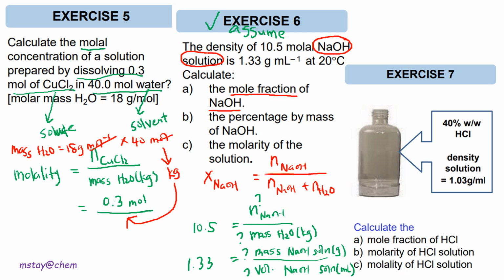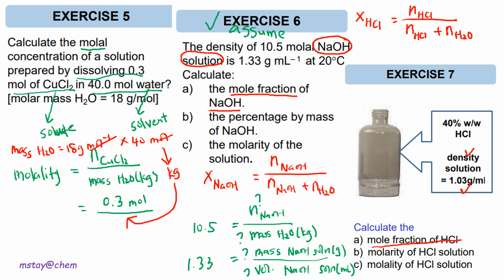Next, we look at the last question, which is exercise 7. It gives 40% by mass of hydrochloric acid, and the density of the solution is given. Again, we want to determine the mole fraction of HCl. The formula for the mole fraction of HCl is mole HCl over mole HCl plus mole H2O.